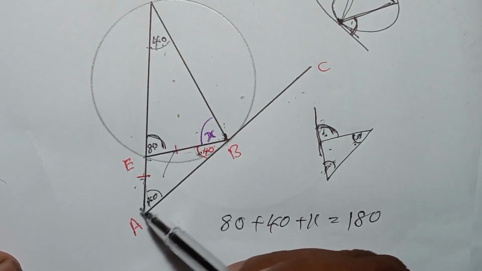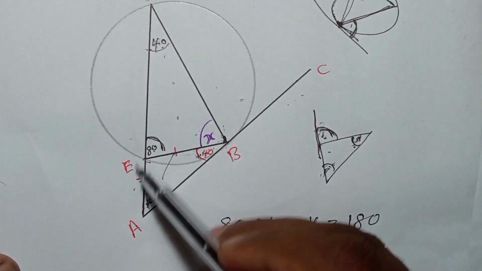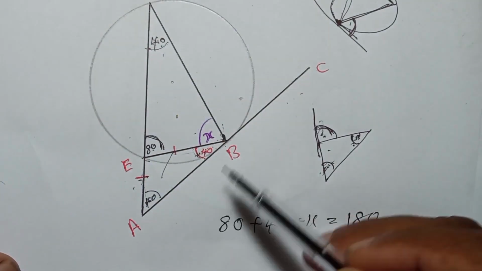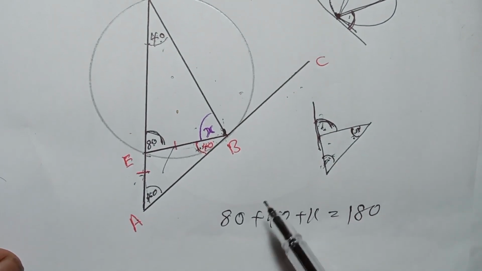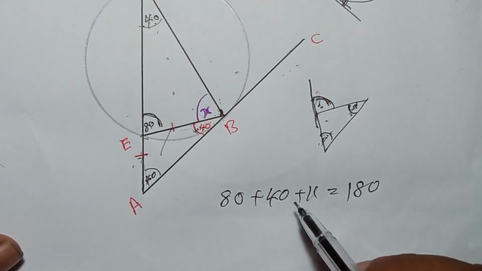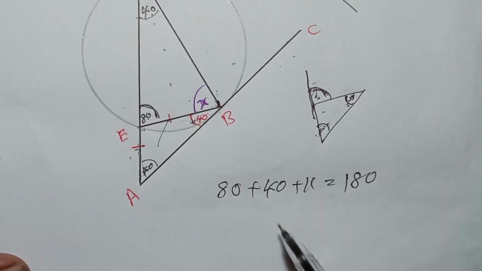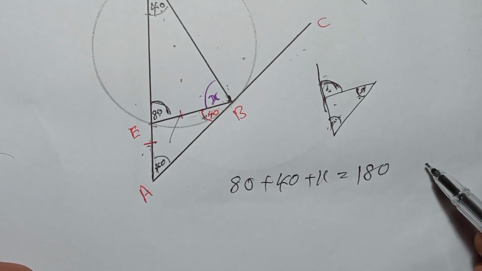You can tell this angle equals this because of the isosceles triangle, and EDB equals 40, for the reason alternate segment theorem, like that with the reason, right. Anyway, now here the final step will be like this, here the reason you can write is interior angles of a triangle.